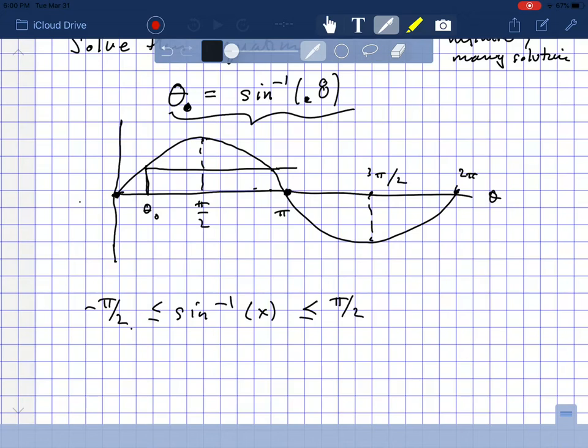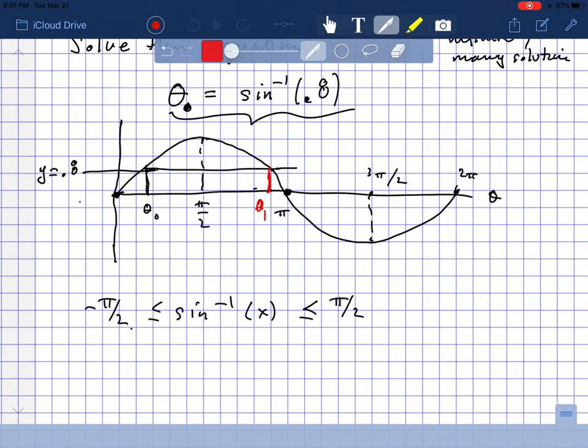And then we have another solution. So here's y equal 0.8. My graph is a little bit off here, but that's okay. What we want to do is find this other value over here.